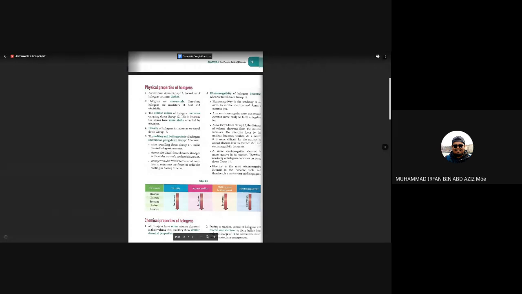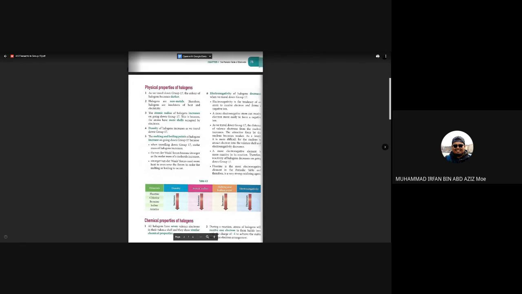But for group 17, down the group, it is harder to receive an electron, because the distance between the nucleus and the valence electron increases, so the attraction becomes weaker. That is the difference between group 1 and group 17.